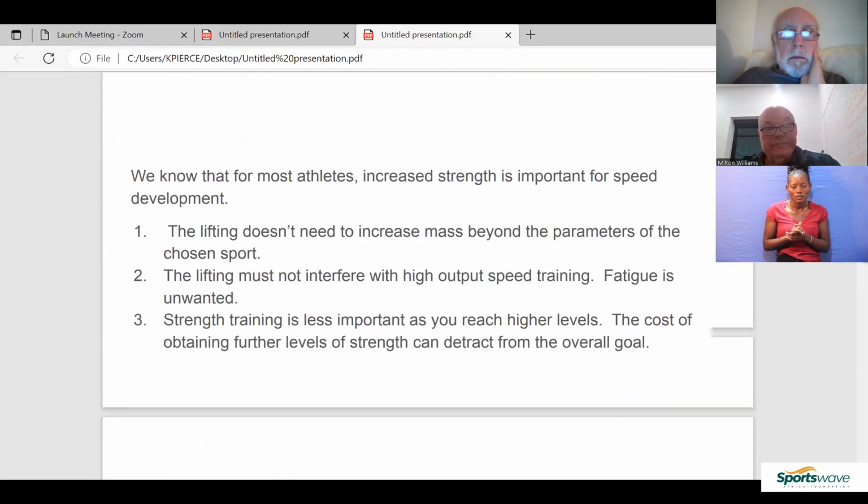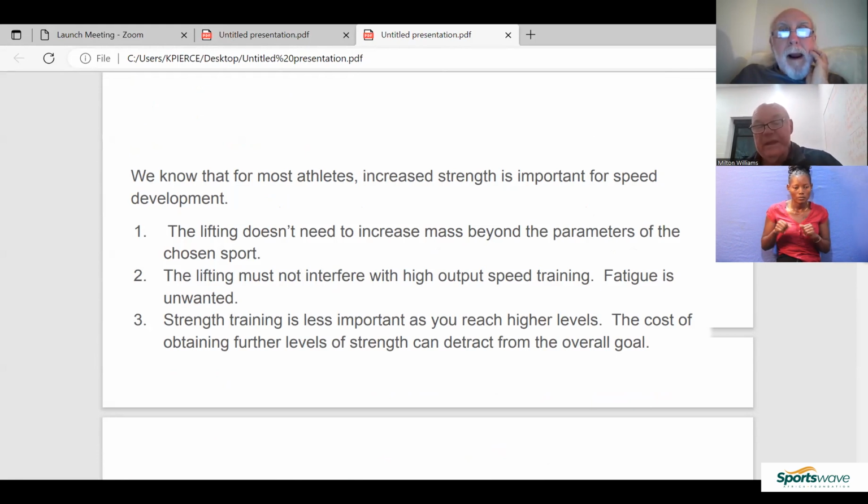Number 3, my strength and conditioning friends may not like this, but strength training is less important as you reach the higher levels. The cost of obtaining further levels of strength can detract from the overall goal.